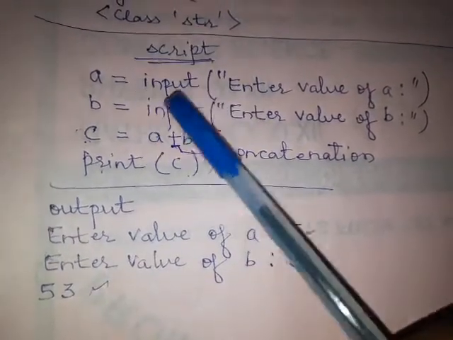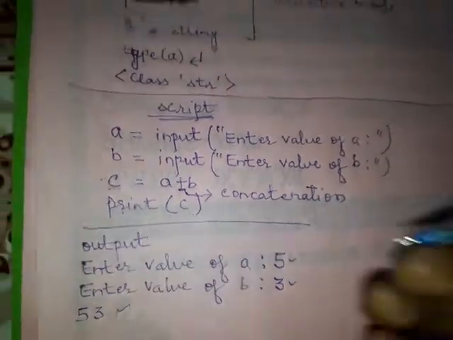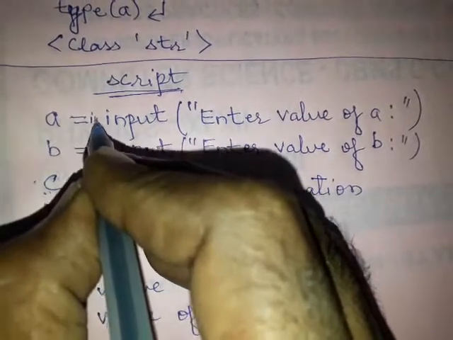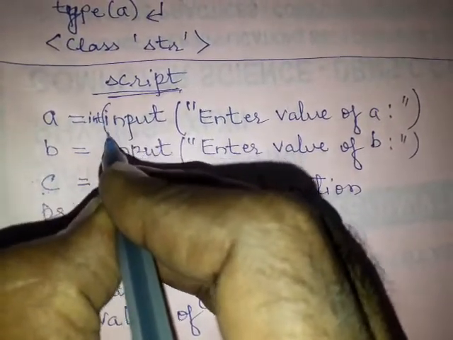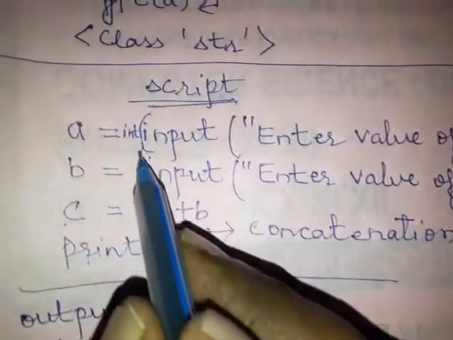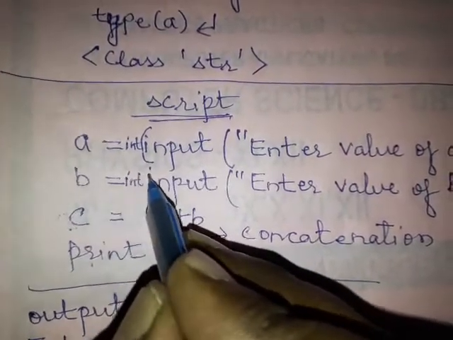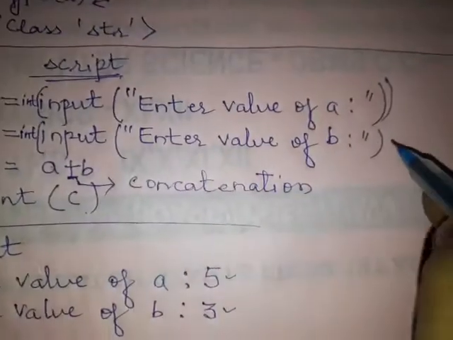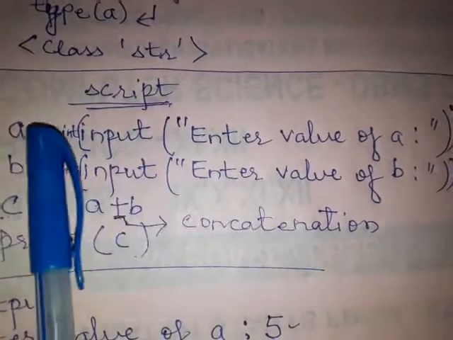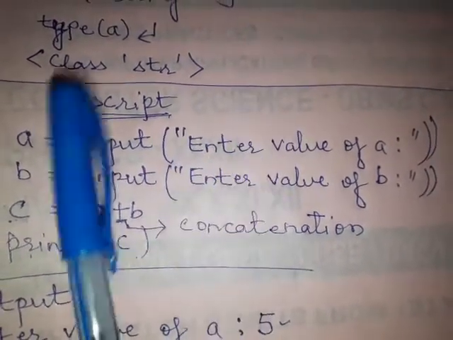To use integer values with the help of input, simply write int, then bracket open and bracket close. This int will convert whatever value you give into integer type.